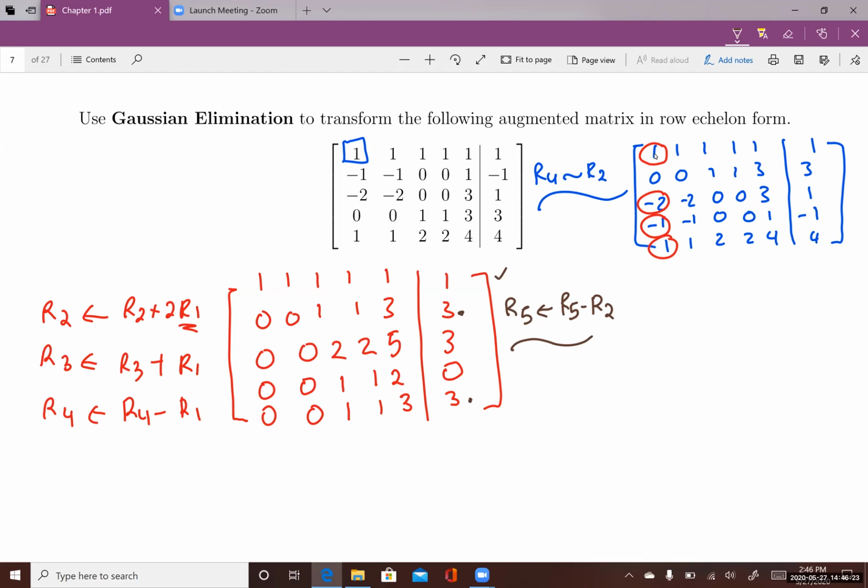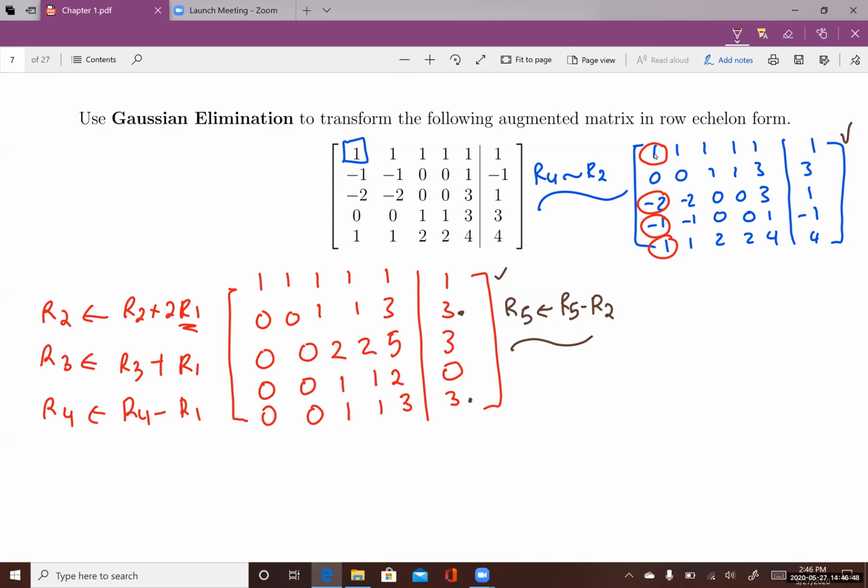Okay. What else can I do? Well, let's do that. If I do that, then the last row here will be 1 minus 1 is 0, 1 minus 1 is 0, and so on and so forth. That's going to be 0, right? At this point, I know that in the previous step, my first row was good to go.